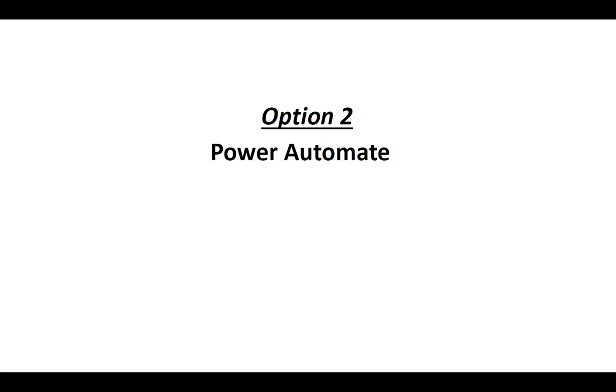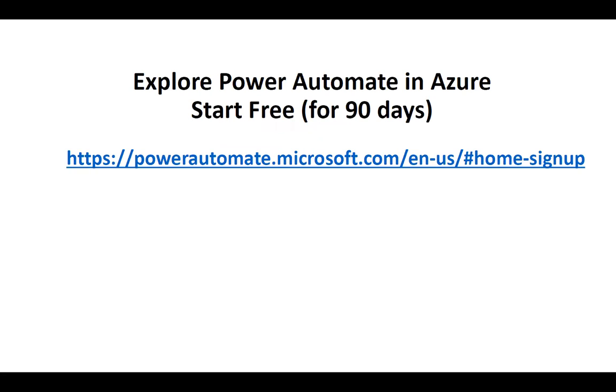If you want to use SSMS, you need to have a Windows computer. But if you want to use Power Automate, you have some other options. Okay, so let's see what options you have. If you want to run Power Automate, you can go to the cloud. So you go to the cloud, start Power Automate.